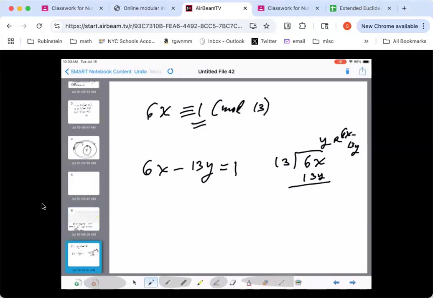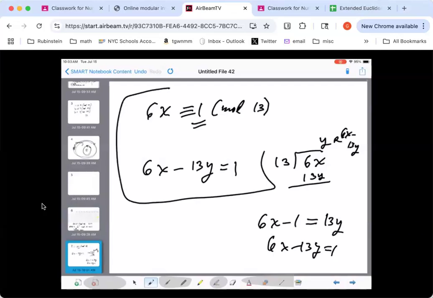You could even say, remember from yesterday, the definition of mod is that 6x minus 1 should be divisible by 13. So it's 13y. And then if I rearrange it, I get 6x minus 13y equals 1. No matter how you think about it, the question we learned yesterday in the beginning of class answers the question we learned how to do by trial and error at the end of class.